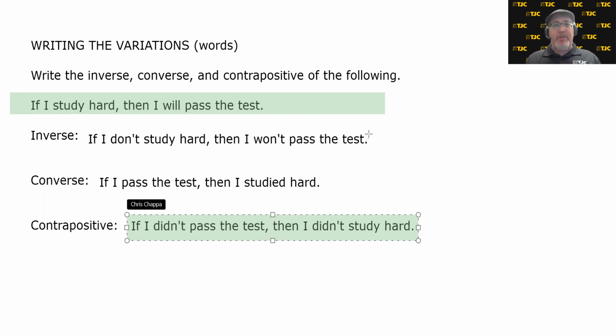If the original statement is true, then it's a promise that's kept. If you study hard, then you'll pass the test. If you didn't pass the test, could you have studied hard? No, because if you studied hard and didn't pass the test, you broke the promise made by the original statement. So the contrapositive is logically equivalent. Again, inverse, negate, converse, switch, contrapositive, both.